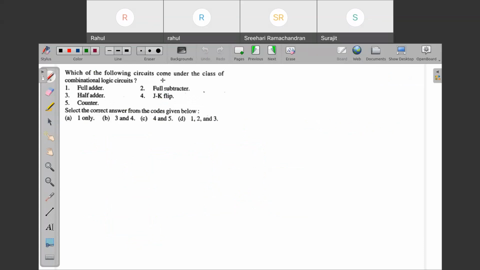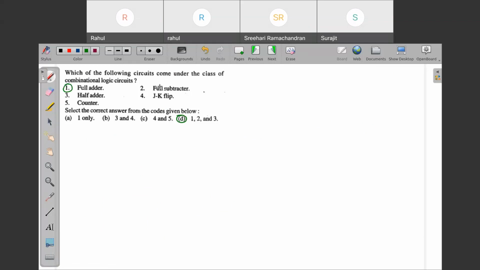So this question, tell me, what will be the answer for this question? Option D, sir. Option D you are telling. Which of the following circuits come under the class of combinational circuits?